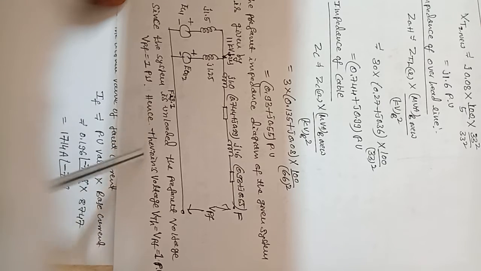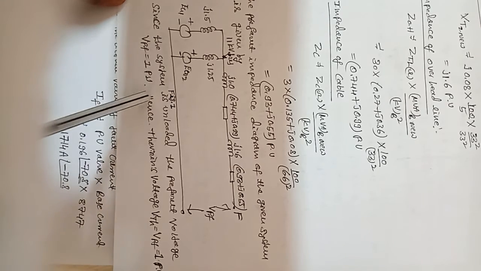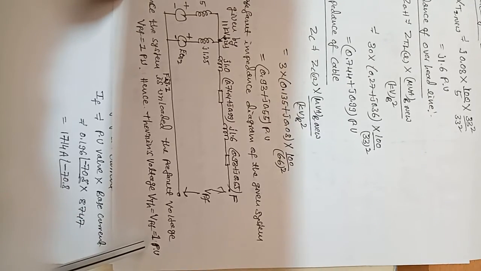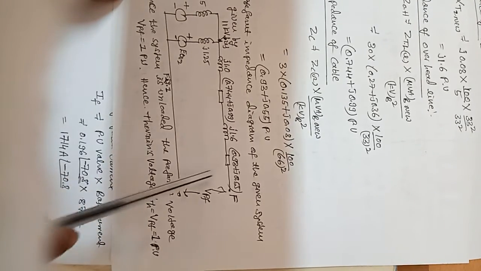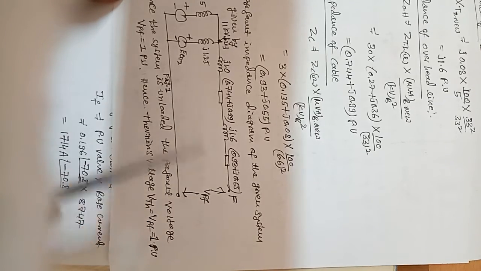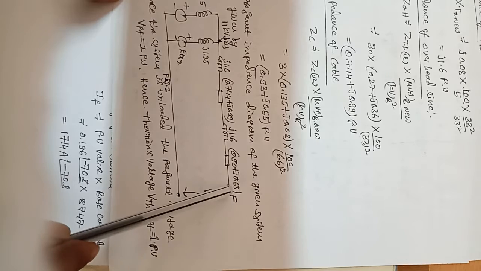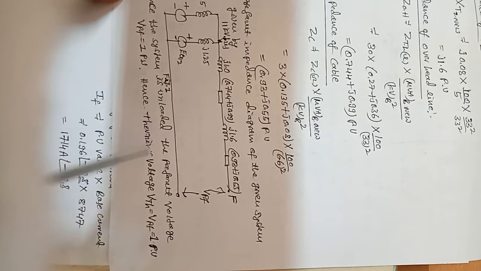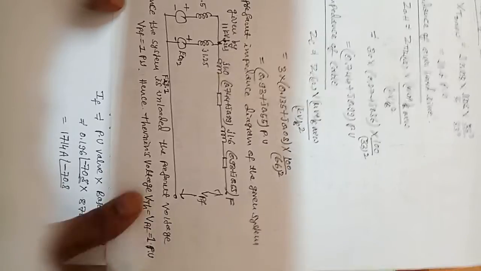Hence Thevenin's voltage equals the pre-fault voltage, 1 per unit. This is why I am taking 1 per unit. In any system on no load, the pre-fault voltage, the voltage at the fault point just before the fault occurs, is 1 per unit, and Thevenin's voltage equals the pre-fault voltage.